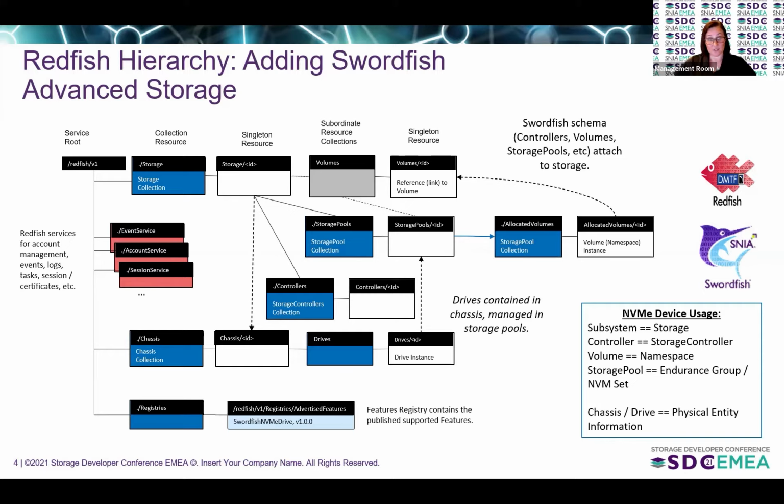The drives stay contained within the chassis, consistent with the model we just talked about from Redfish. So chassis still becomes the place where all of the physical representation lives, which contains drives, but the drives, as in the previous model, are contained in chassis but managed in the logical representation.